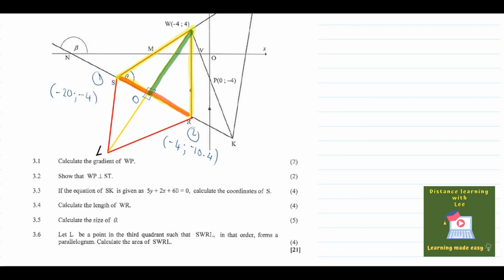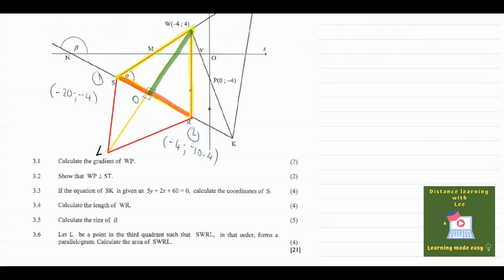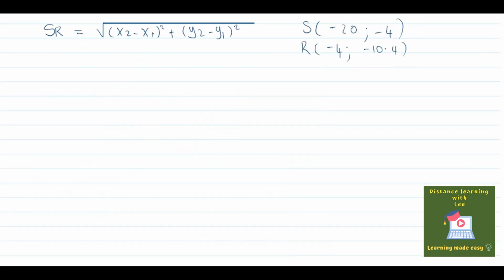So let us do that. My S is negative 20 and negative 4, and my R is negative 4 and negative 10.4. I said that S is the first point and R is the second point. We simply substitute this into our equation. This is really easy because we've been doing this a lot now.